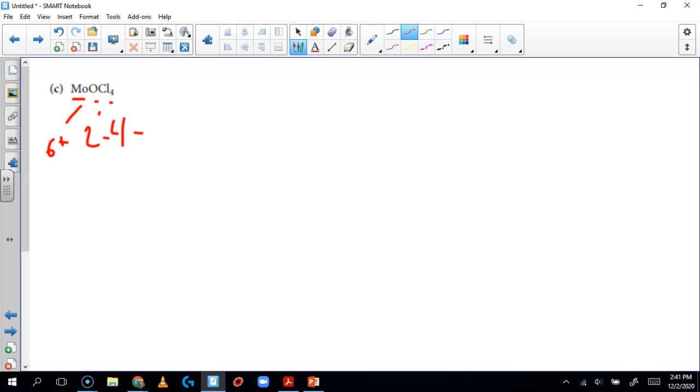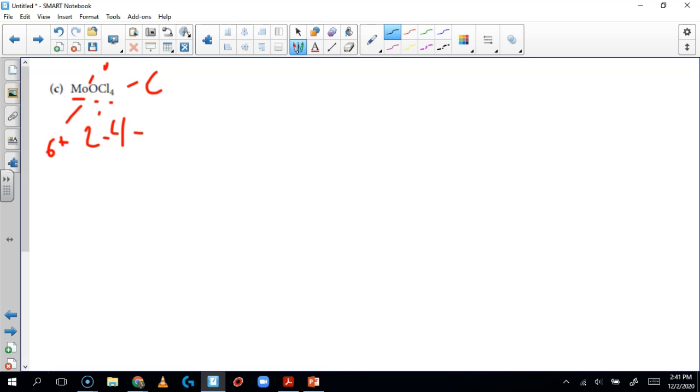We're going to start from the back, because we have to put the metal at the end. And again, it has to go in alphabetical order, so this is chloro and this is oxo.